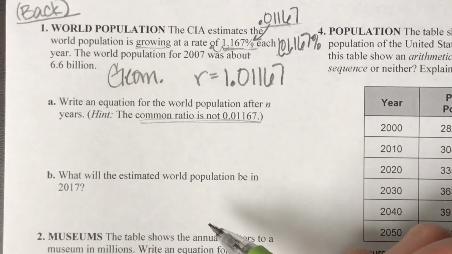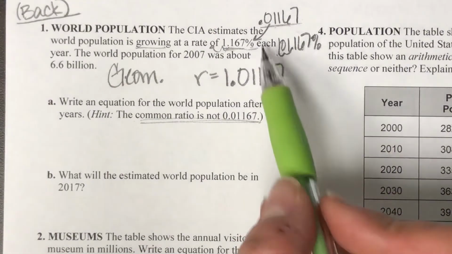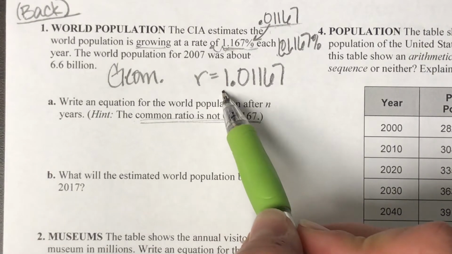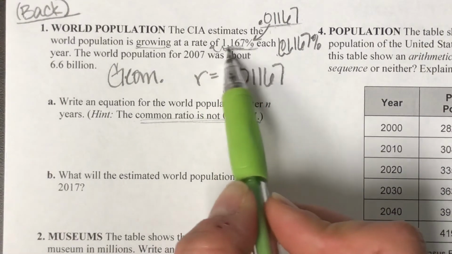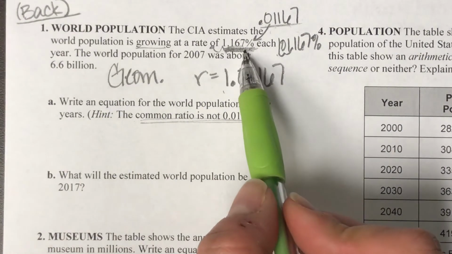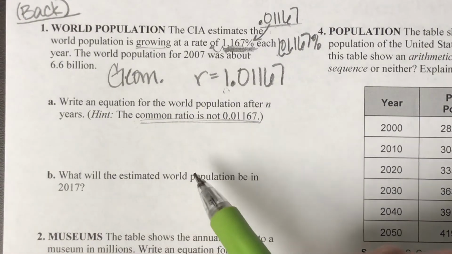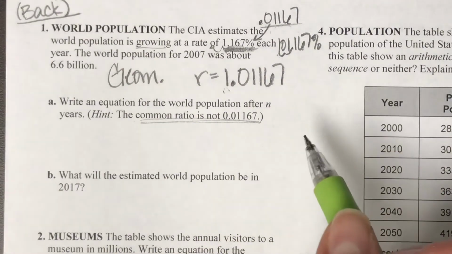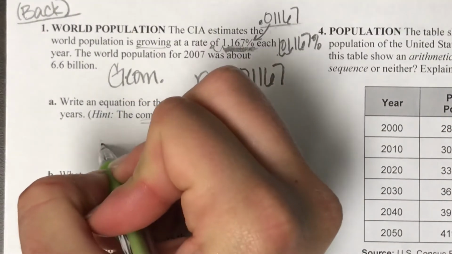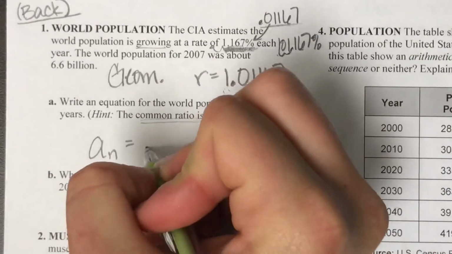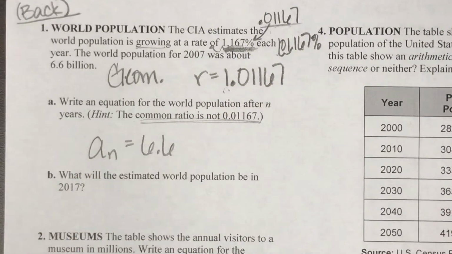You can almost think of it as like an R0 situation. You have to add 1 to it because this is just telling you about the new people being born or the new additions to the population. The 100, the extra 1, is going to include the original. So the equation would be, A sub n equals, I'm starting with 6.6 billion.